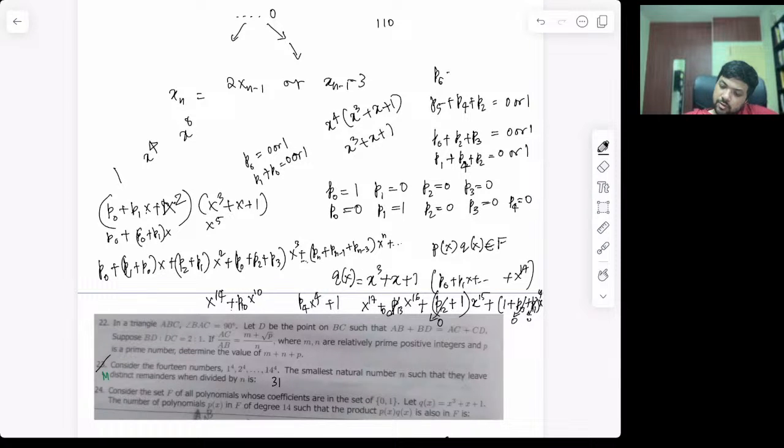P6, P5, P3 is 0 or 1. P5 is 0, P3 is 0. P7, P6, P4 is 0 or 1. If P4 is 1, P7 and P6 will become 0. P6, P7, P5 is 0 again. I see. Okay, so we sort of see what the pattern is.